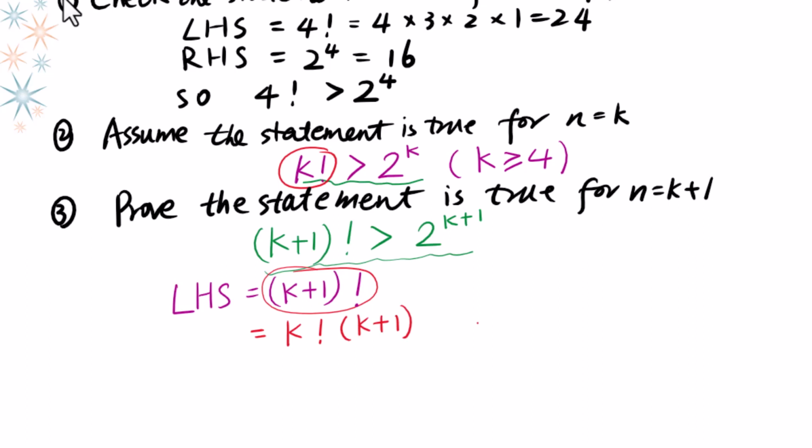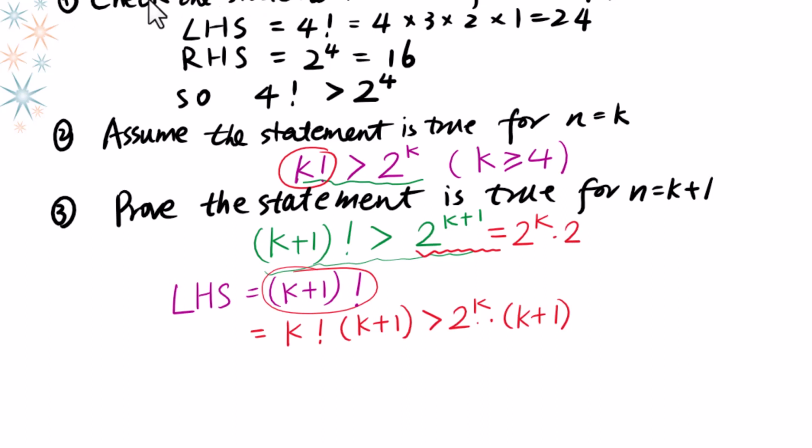From the assumption, we know k factorial is greater than 2 to the kth power. So this expression is greater than 2 to the kth power times k plus 1.